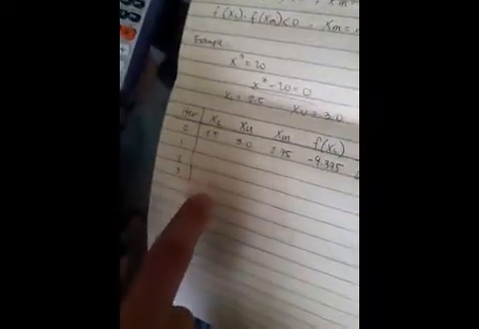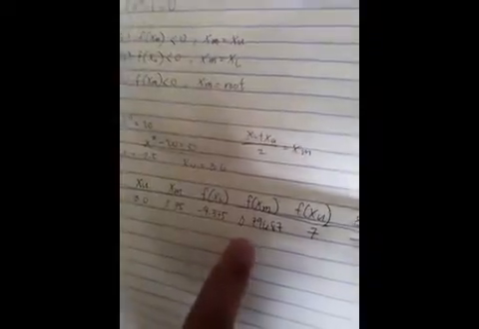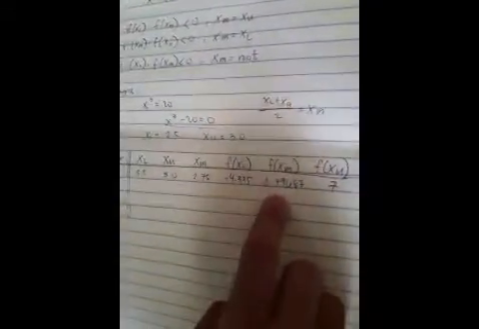For the next iteration, as we notice here, the function of lower limit and the function of middle limit have a change of signs, negative, positive.